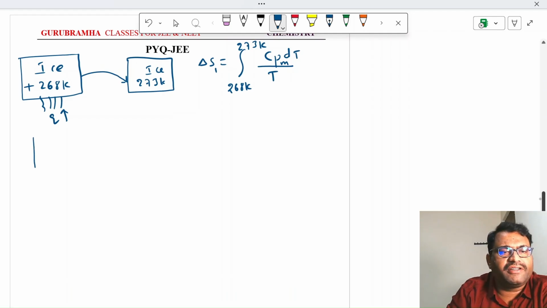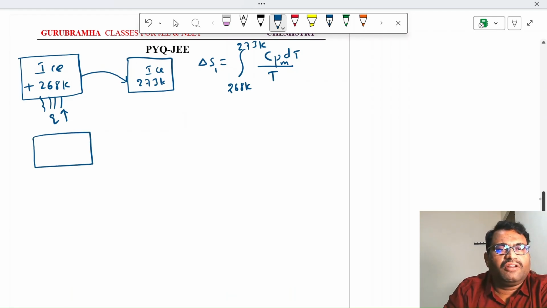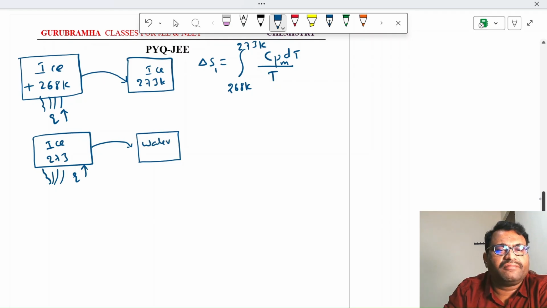Now let us go with the second step. There is ice at 273 Kelvin. Now you are supplying some heat, and whatever heat you supply will be used to convert ice into water, because 273 Kelvin is the melting point. So fusion or melting occurs. The heat converts ice in solid state into water in liquid state.